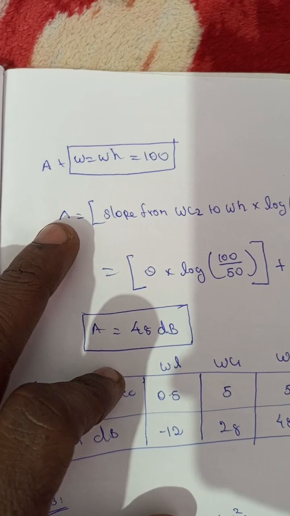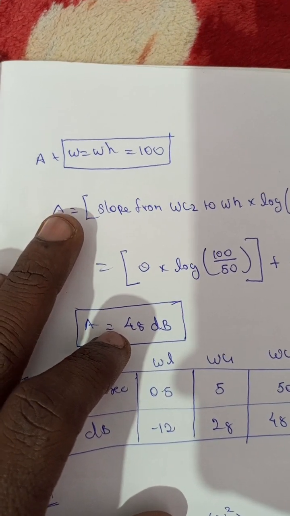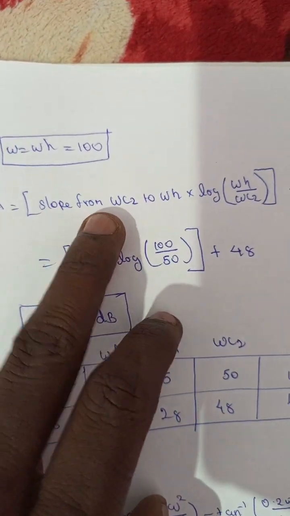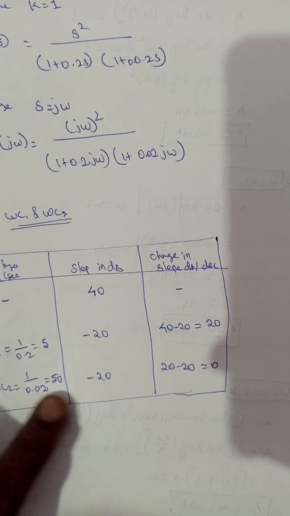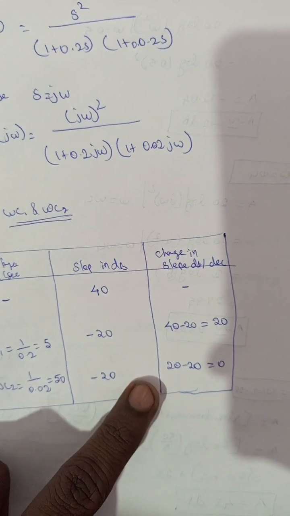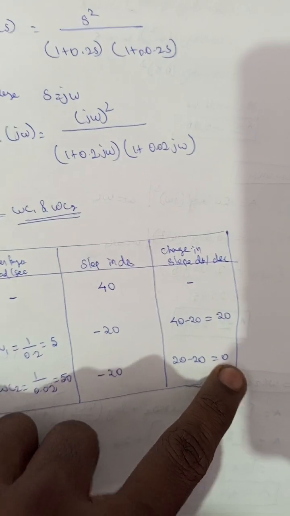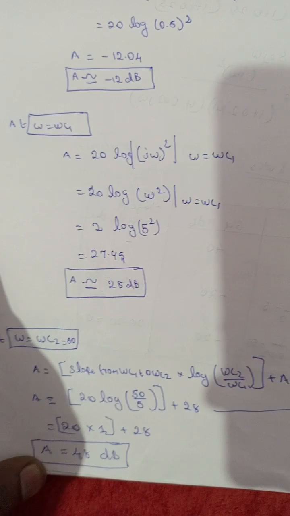So similarly, in the next value, at ω is equal to WH is equal to 100. So the slope from WC2 to WH, you can see here, WC2 to WH, that is 0.